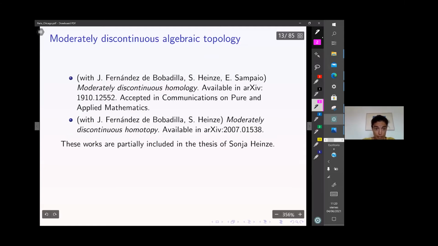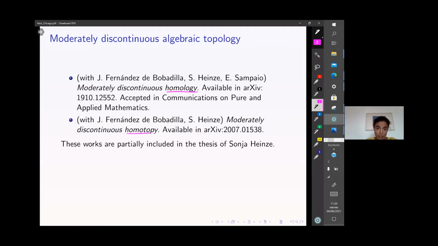So our results are in two papers. The first one is the homology theory that we call moderately discontinuous homology. It is a work with Javier, André, Bobadilla, Sonia Gente, and Edson Sampaio. That is already accepted. And the second one is the homotopy part, where there is, in particular, a Hurewicz homomorphism relating the two theories.